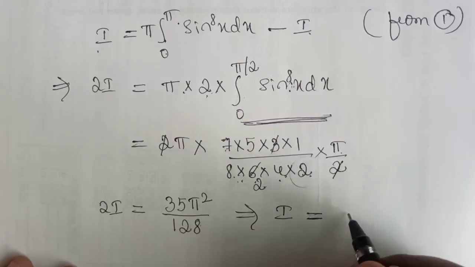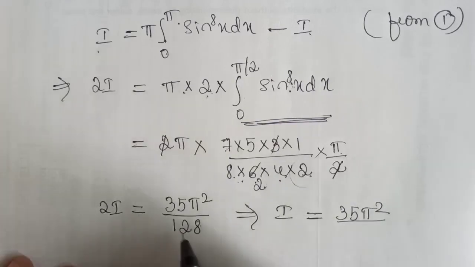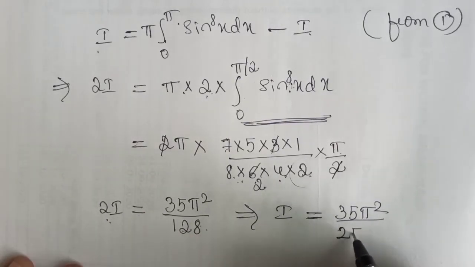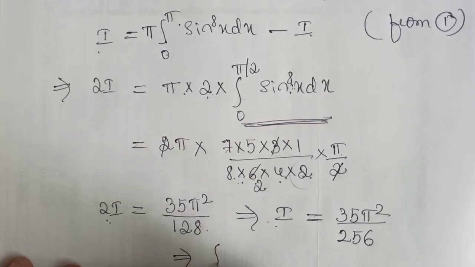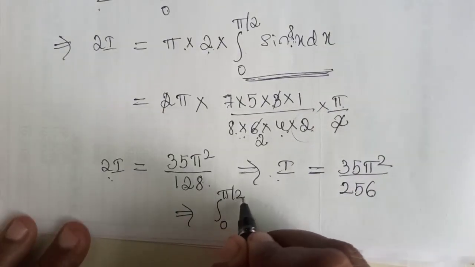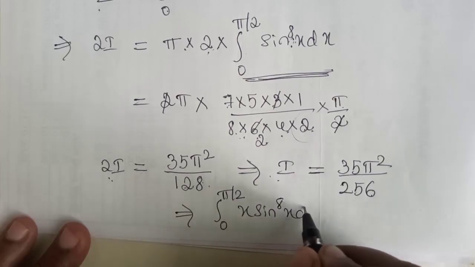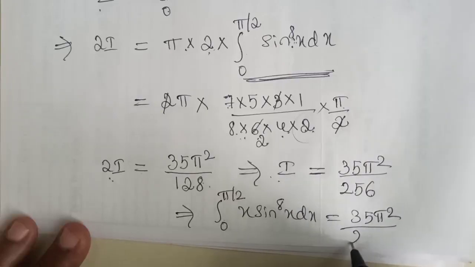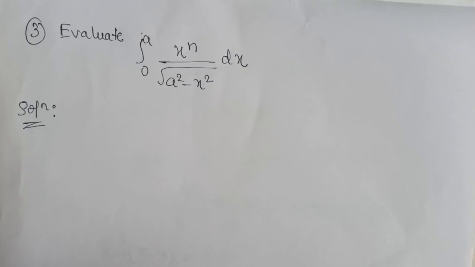I is equals to 35 pi square divided by 128 into 2, that is 256. So I, by equation 1, the given integral, integration 0 to pi x sine power 8x dx equals 35 pi square divided by 256, which is the required answer.